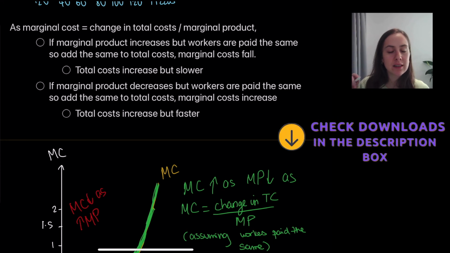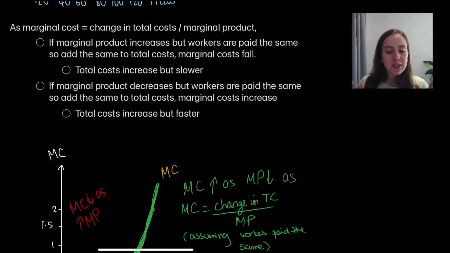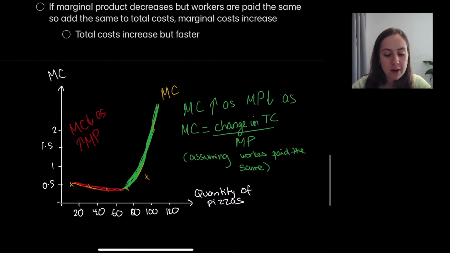And that's what we looked at in the table. So refer to the notes and you will see that happen. Total costs increase, but slower. And if marginal product decreases, but workers are paid the same, you get the same increase in total costs, but less quantity. So that's going to mean that plotting it on your graph, marginal cost is going to increase and total costs are going to increase faster.